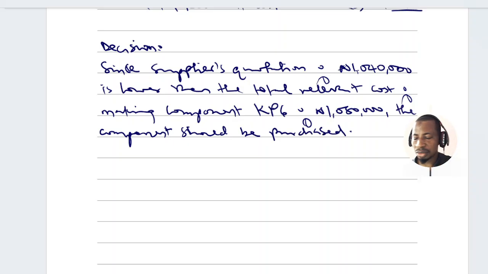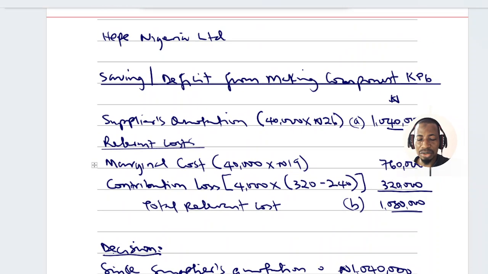Okay, the components should be purchased. That's it. That's all you need to do. No need for too much of stories. All right. So that's the end of the question.